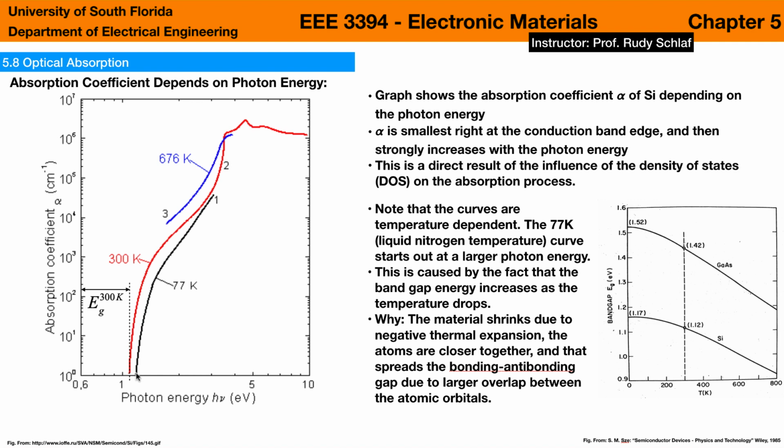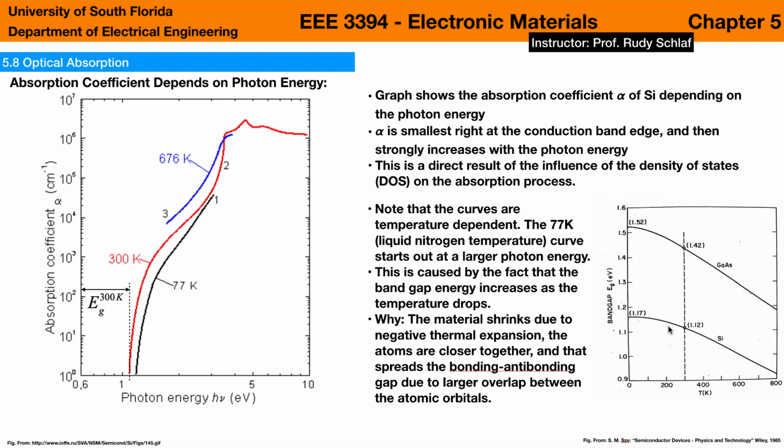And that is a direct consequence of the fact that the band gap of a semiconductor material changes with the temperature. When the temperature goes down, then the material shrinks a little bit because the atoms don't vibrate that much anymore. And so they are closer together, and that creates more overlap between the valence orbitals between the atoms, and that means that the bonding and anti-bonding orbitals are further apart, and so the band gap as a result gets a little bit bigger.